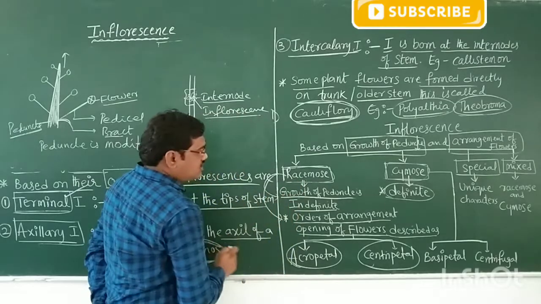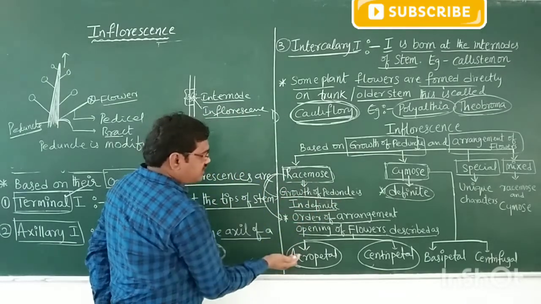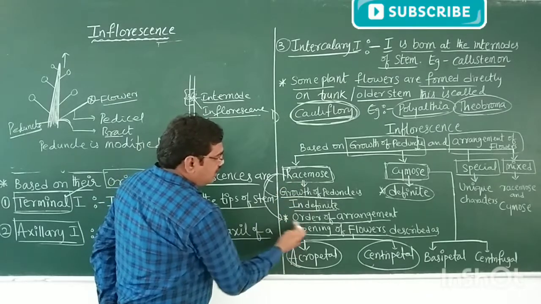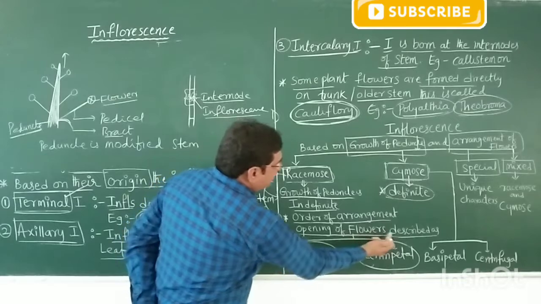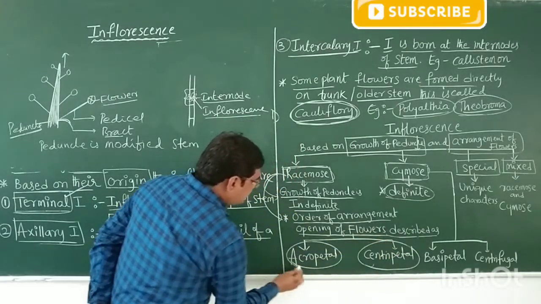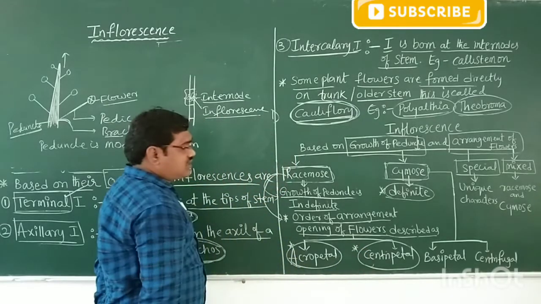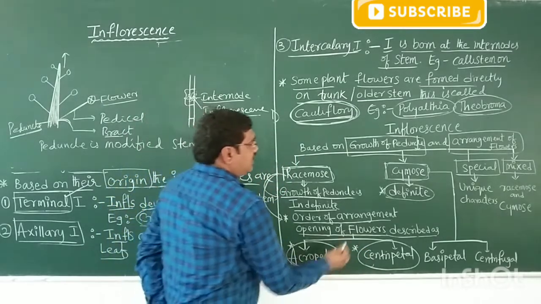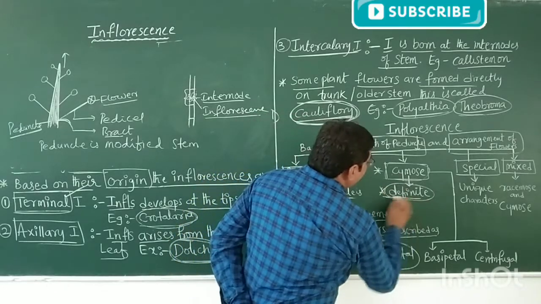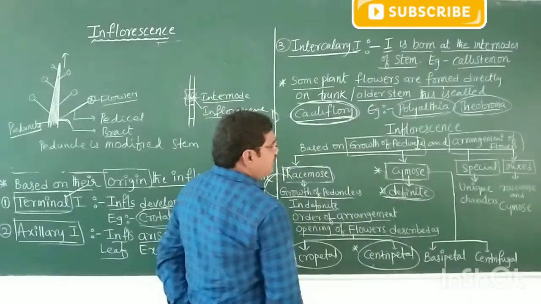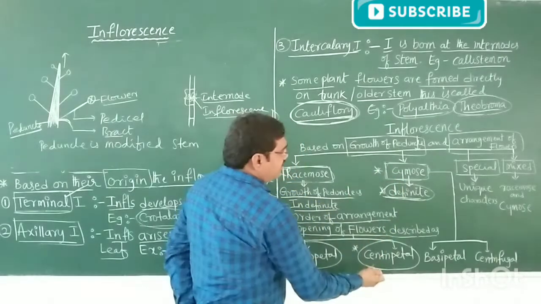In racemose, the peduncle can grow continuously. In cymose, the growth of the peduncle is stopped because it terminates with a flower.